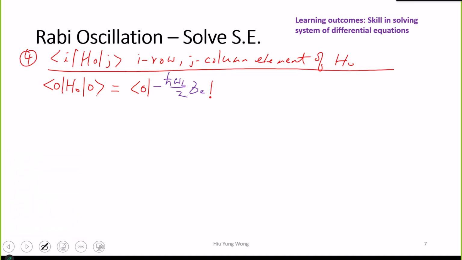Maybe you forgot the equation, but does this make sense to you? If I were a student, I might get confused. But any question about this? You need to ask. Is this straightforward to you that I substitute H0 as this? Or something wrong?